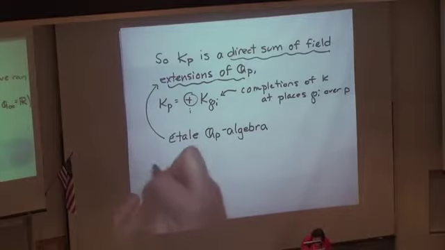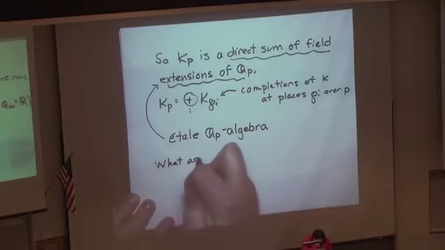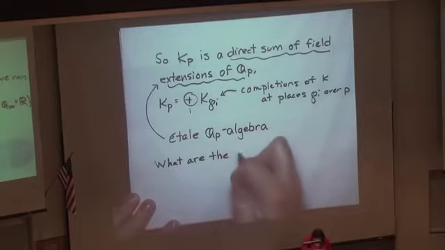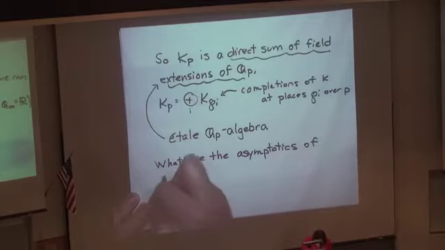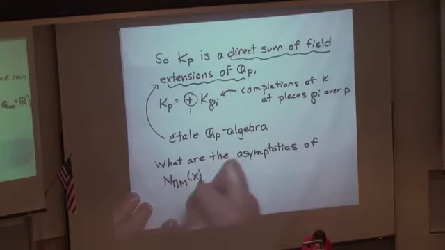So we did ask, what are the asymptotics of, let's say, now I'm going to have some local data as well as a Galois group.